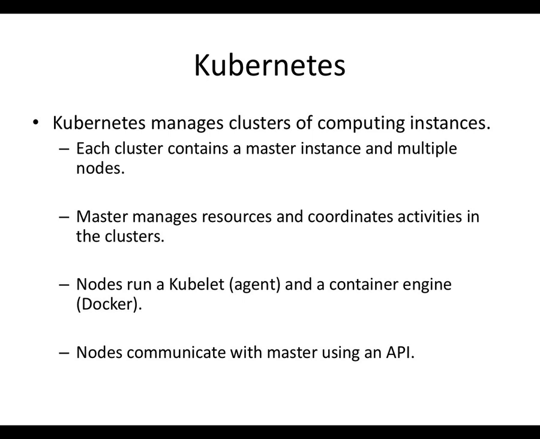The master node is the part of the system that handles all the coordination of activities within the cluster. So it's scheduling the different work on each one of the nodes. It's controlling where each one of the containers is running within the cluster, and it's keeping track of where those containers are running.